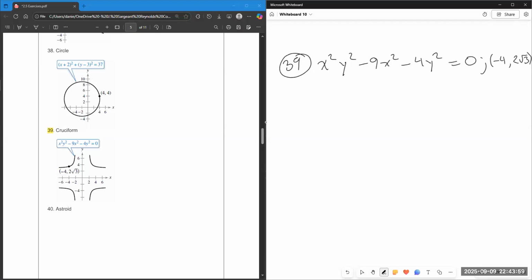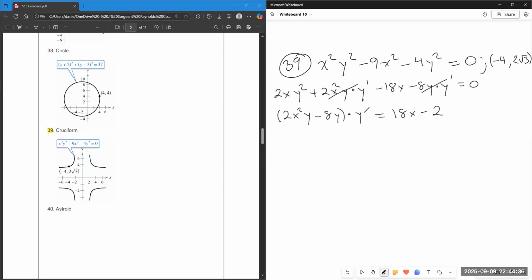So we're going to implicitly differentiate: 2xy squared plus 2x squared y times y prime minus 18x minus 8y times y prime equals 0. Keeping my y prime terms on the left, (2x squared y minus 8y) times y prime is equal to, and take the other terms over to the other side by subtraction.